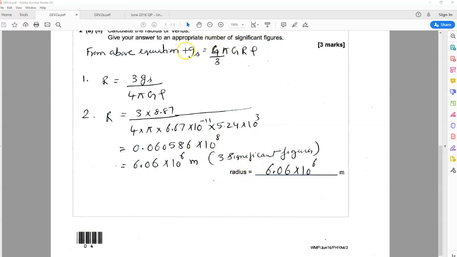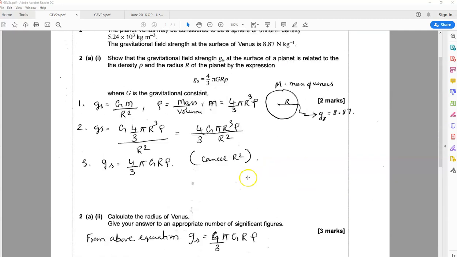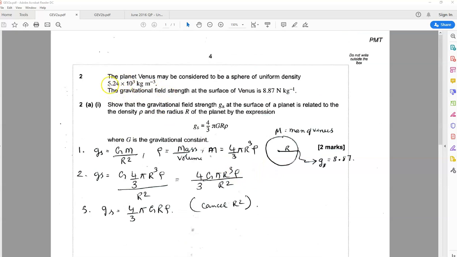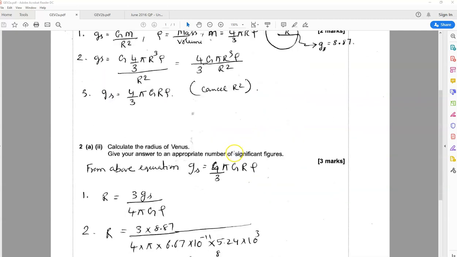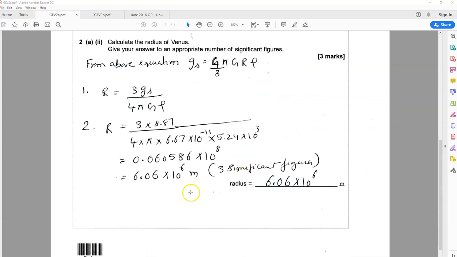Now the question also says give your answer using appropriate significant figures. How do you decide how many significant figures you need? If you look at the question, all these values use only 3 significant figures. So you can use the same significant figures here.